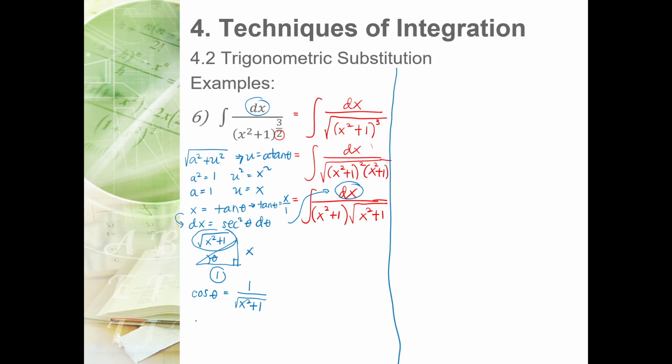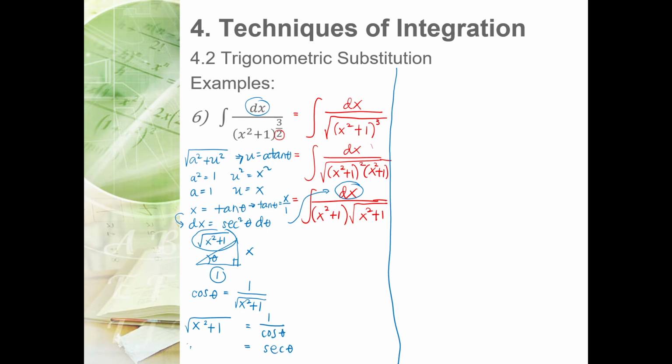Okay, so isolating the term here, you have square root of x squared plus 1 is equal to 1 all over cosine theta, or we can represent this one as secant theta.